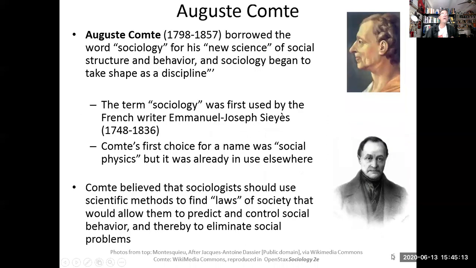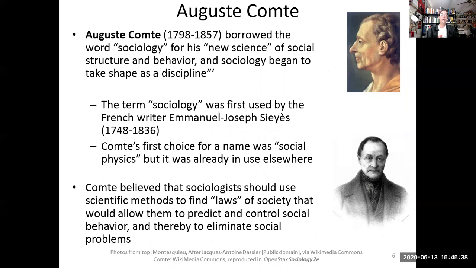Auguste Comte gets credit for applying the term sociology to this field of study that you have enrolled in, or that you will study in the class you enrolled in. It was first used by Emmanuel Joseph Sieyès, a cleric, a priest.